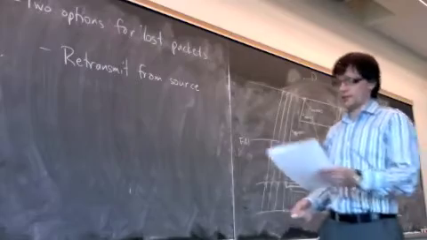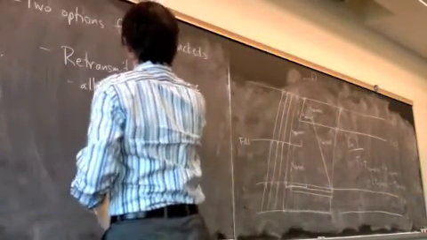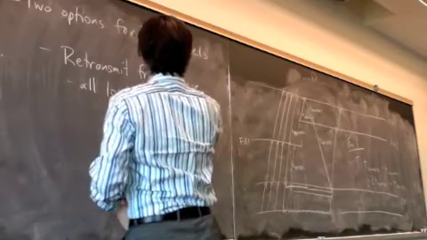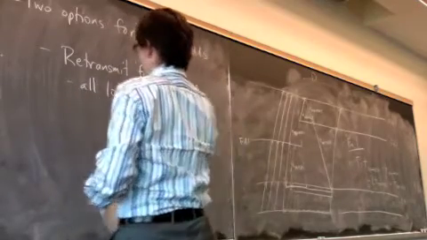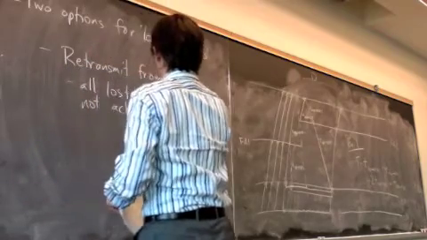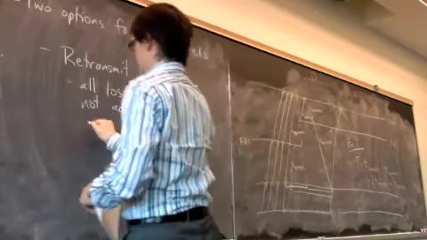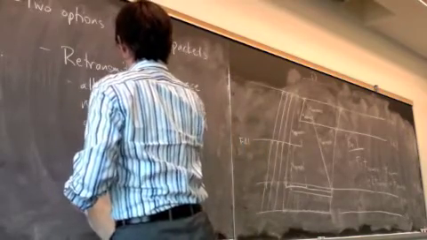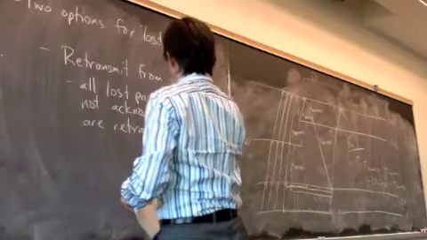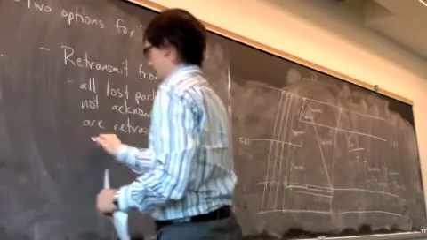Okay, retransmit from source: all lost packets are not acknowledged, and are retransmitted from the CN.